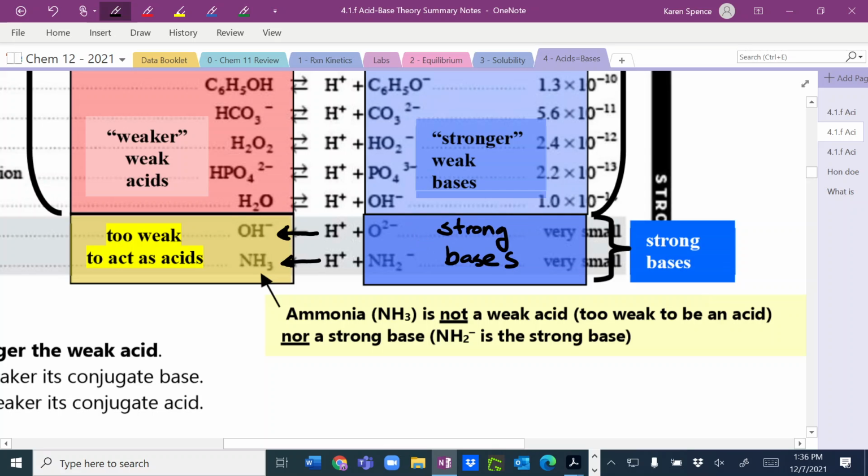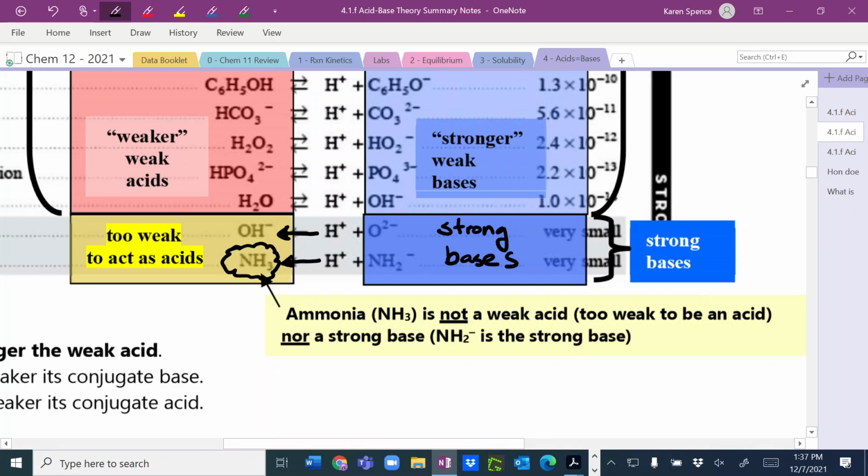If you have the purple chart, I've put a third one on there, okay? But that's just kind of neither here nor there. Ammonia, NH3. See it here? Is ammonia a strong base? No, because it is not on the base side.